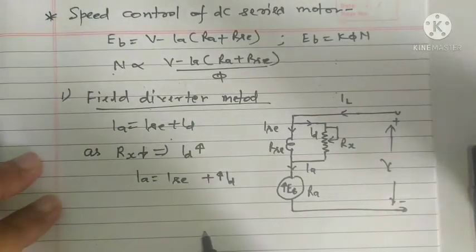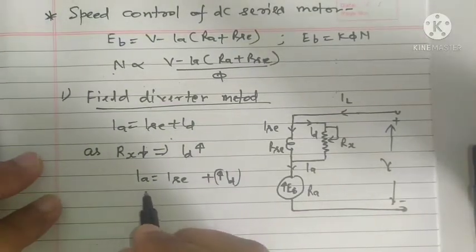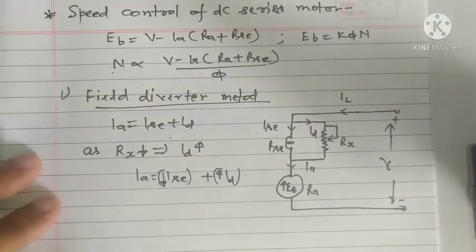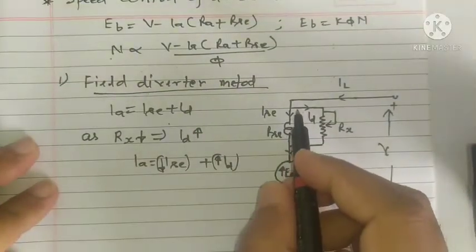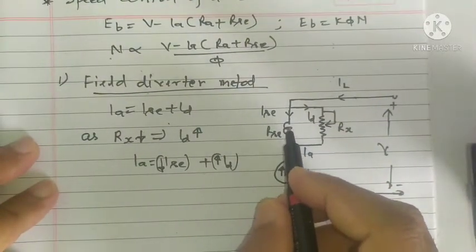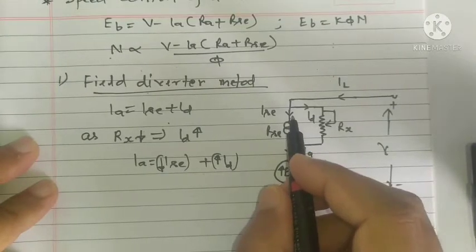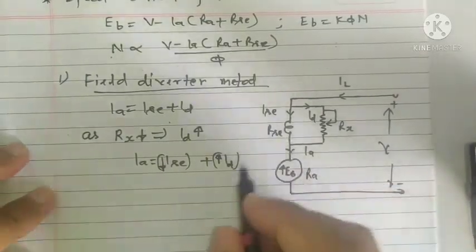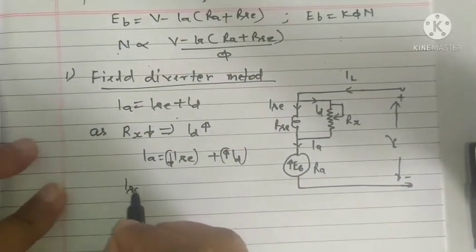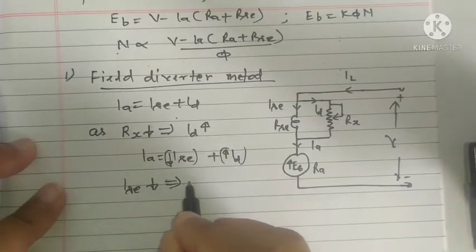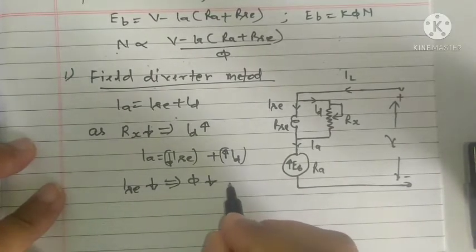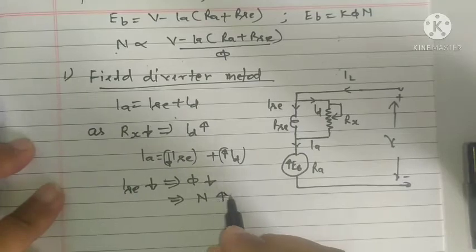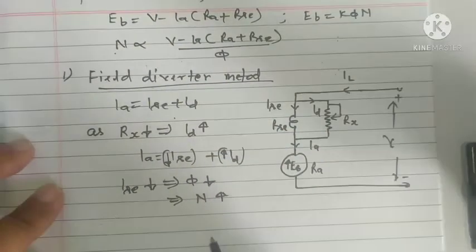As ID is increasing, IA is remaining constant, so ISC must decrease to maintain this constant, right? So whatever current was supposed to flow through field winding, a part of that current is now diverted through this path, and because of that, current through this field winding is reduced. So as ISC is decreased, flux is decreased. That means speed, which is inversely proportional to flux, will increase.